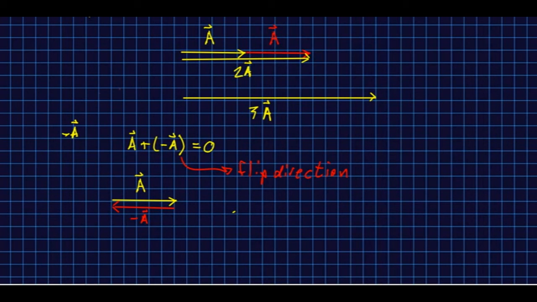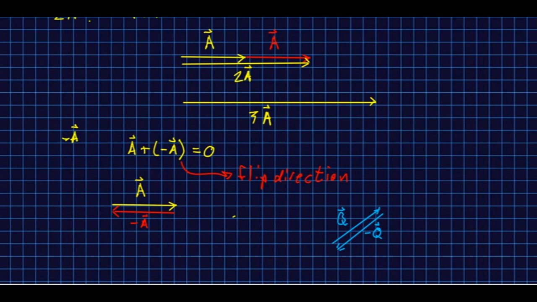Right? So if I have some arbitrary vector, here's some vector, I don't know, Q. The negative Q is just this vector. Now I just want to point something out.